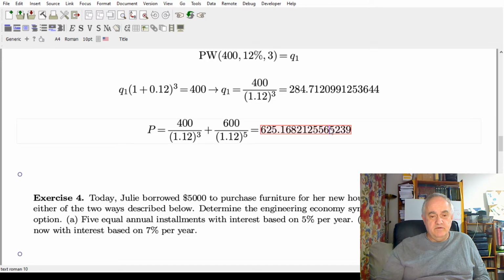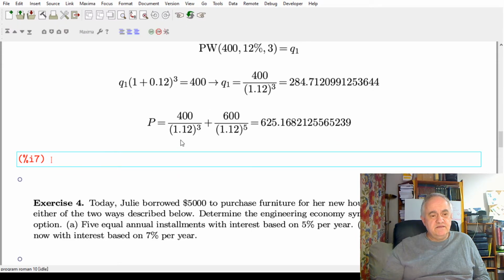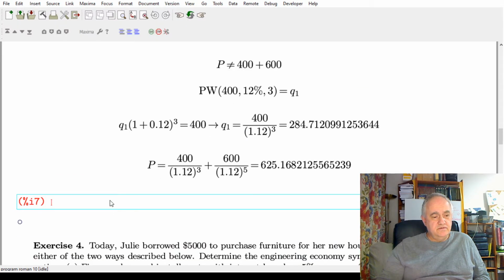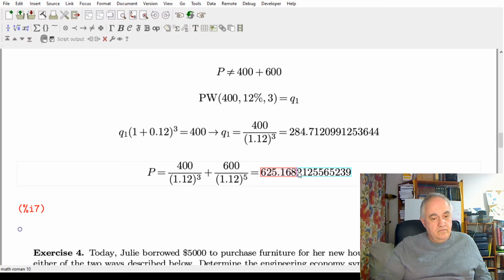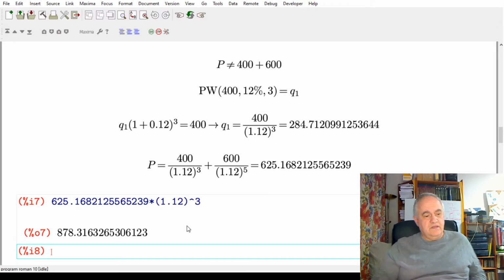We will copy this amount, and I will now open Maxima directly here. We invest this, we keep it in the bank during 3 years, and we will get this amount.